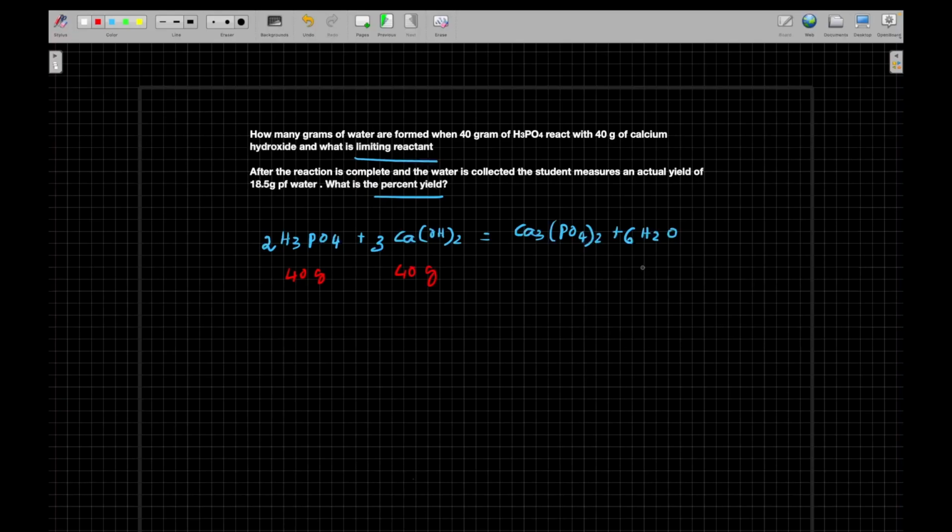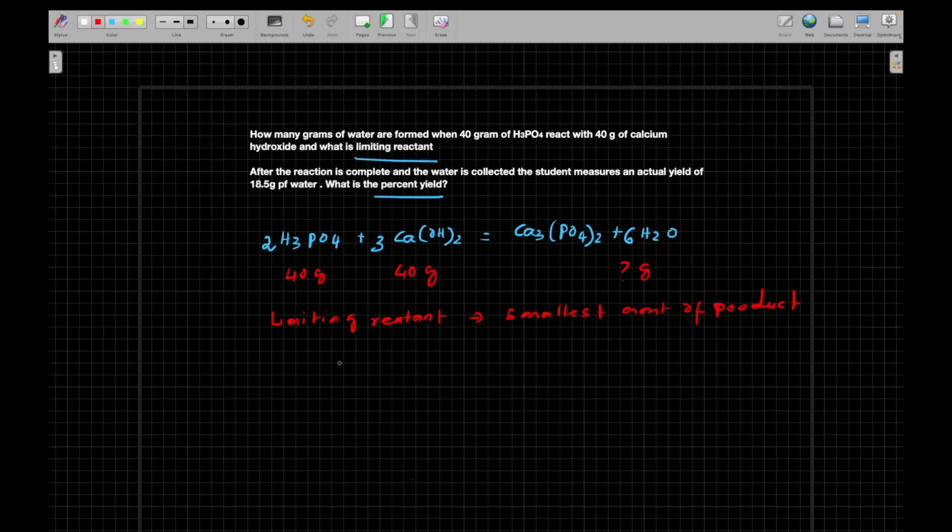We need to find out the information of water, which is the product, in gram, and we need to find out which one is the limiting reactant.